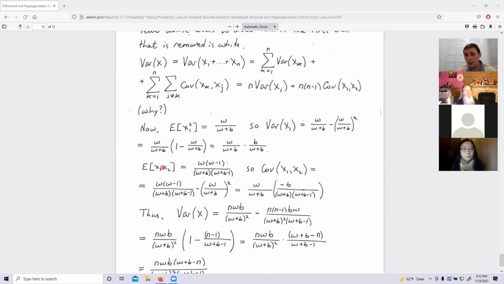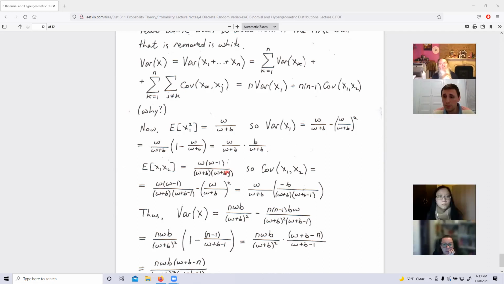For x1, the probability of being 1 is W over W plus B. And then, given that x1 is 1, x2 has W minus 1 white balls to deal with and a sample size of W plus B minus 1. So it's this product. It's a conditional probability, right? It's the probability that x1 is equal to 1 times the probability that x2 equals 1 given that x1 is equal to 1. And you get this number.